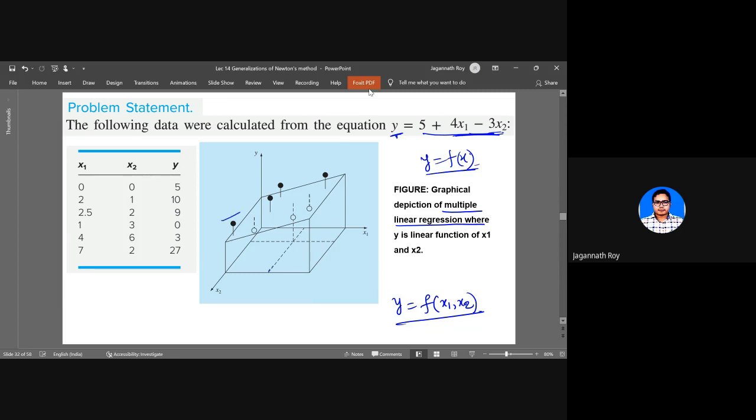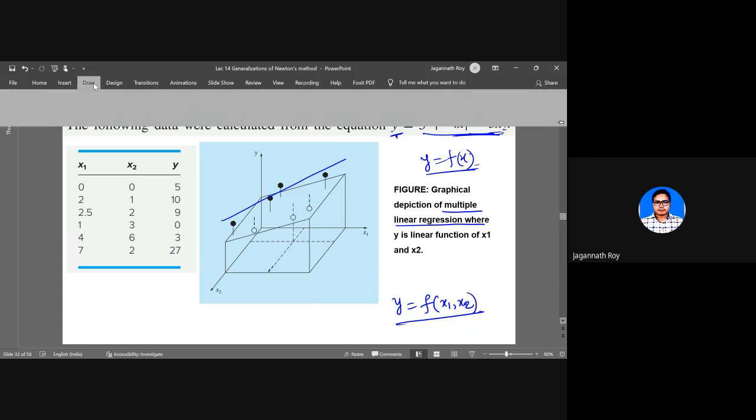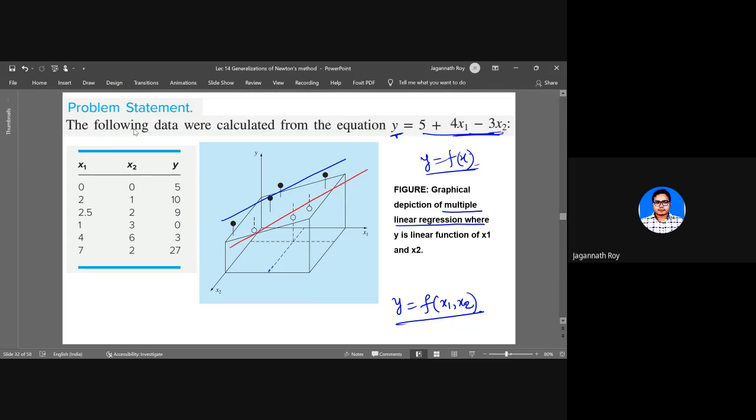Okay. So let me write down this line. Another line we are having, we may have this line. So x1 is 0, x2 is 0. So 0, 0, this point.